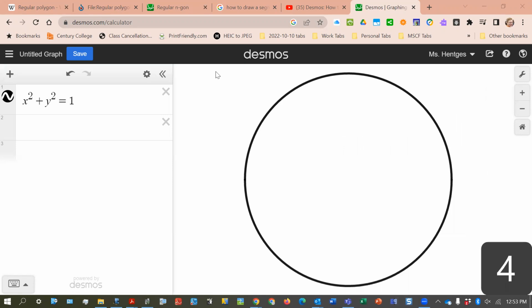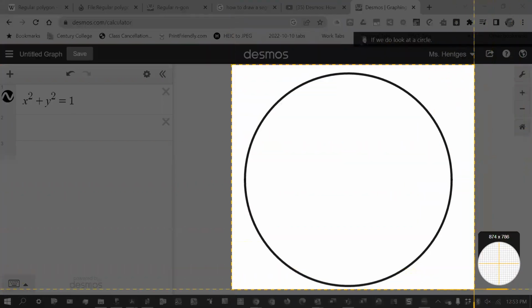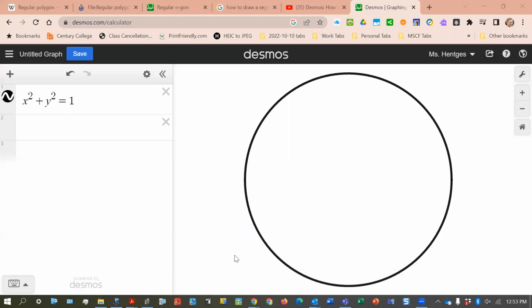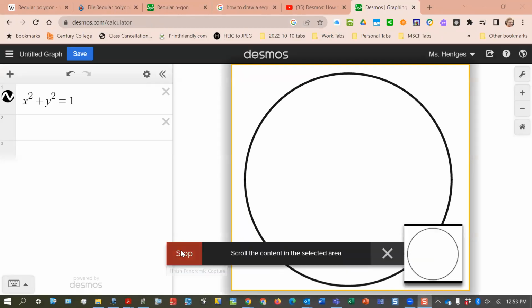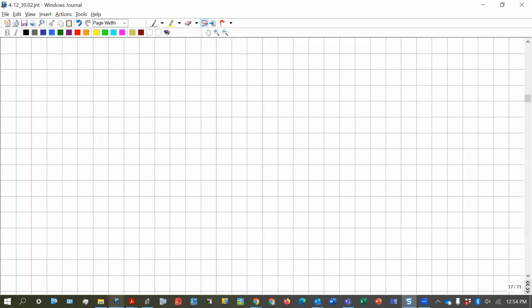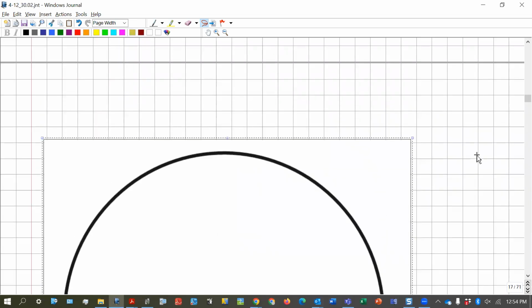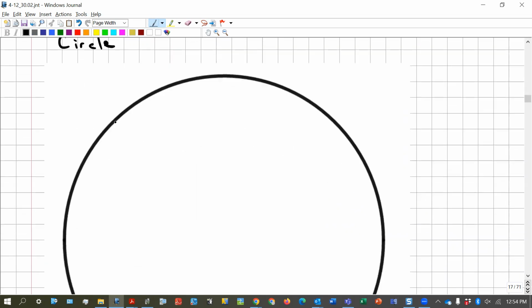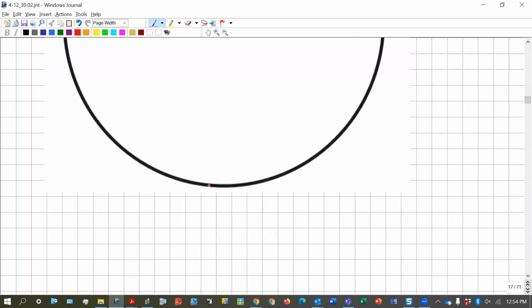If we do look at a circle, and we pick a point on it, we could draw the line in that same flat surface.